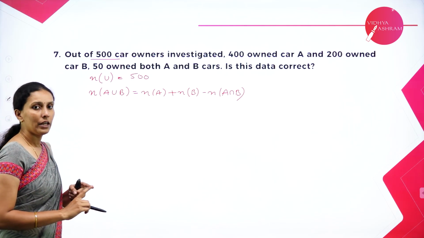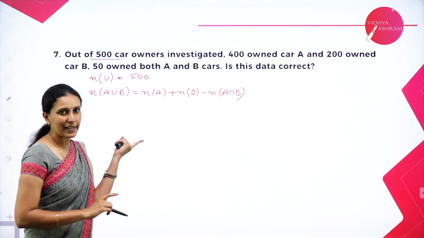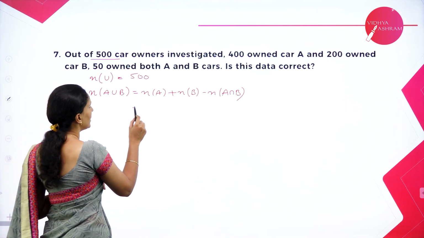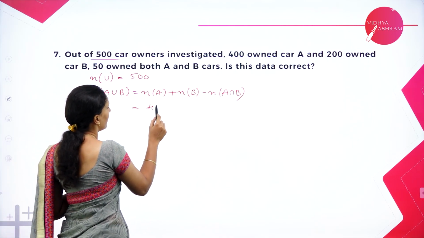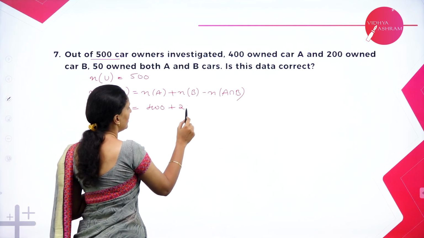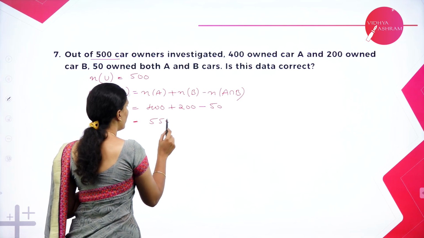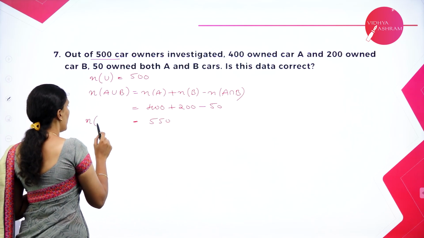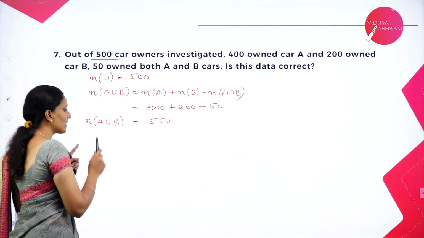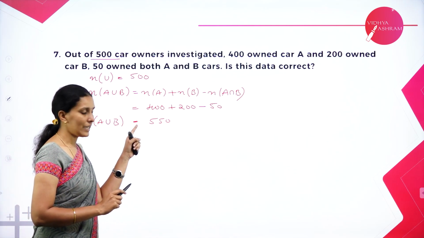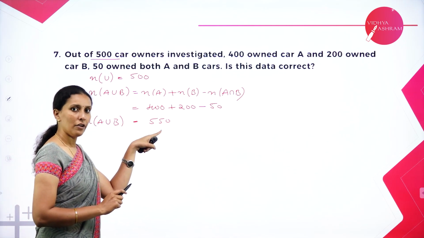Now we are finding the number of people who own car A or car B. So here we have 400 plus 200 minus 50, which gives 550. That is, the number that A union B is taking is 550.